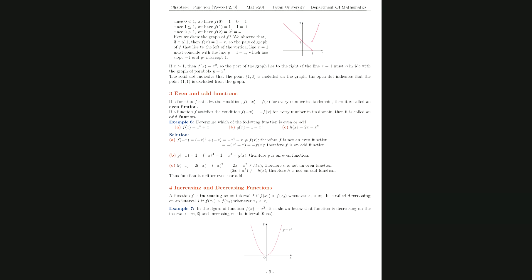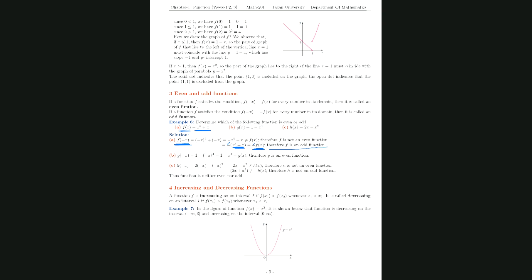So this minus is outside, and this is x to the power 5 plus x, that is f(x). So f of minus x is equal to minus f(x), so this is an odd function. Condition number 2.